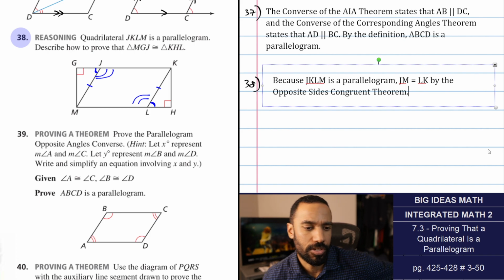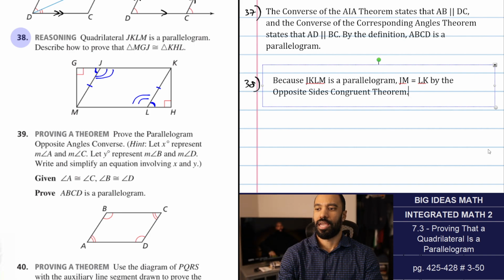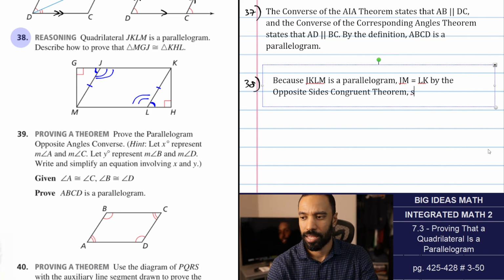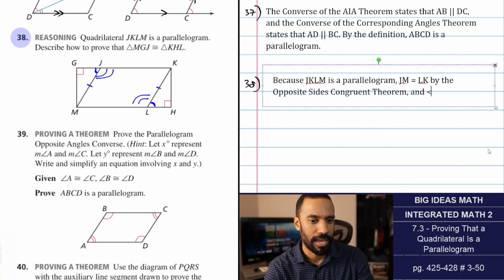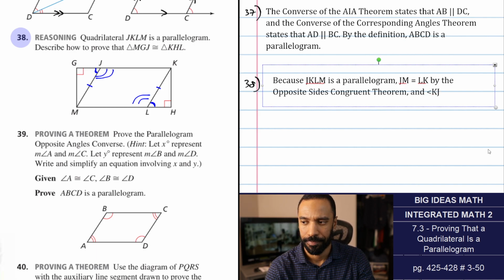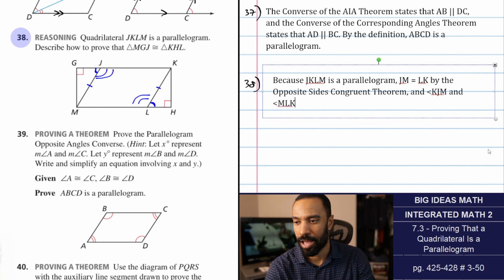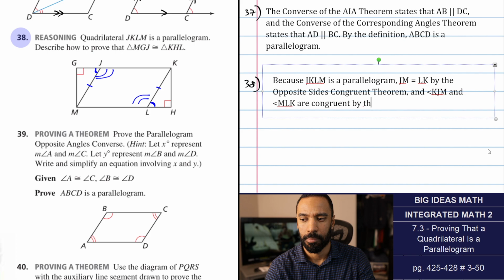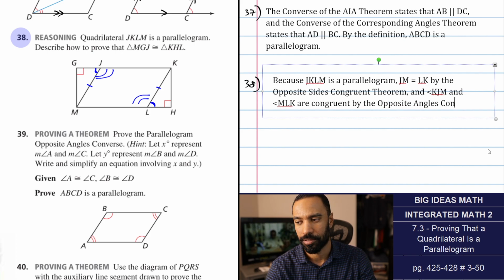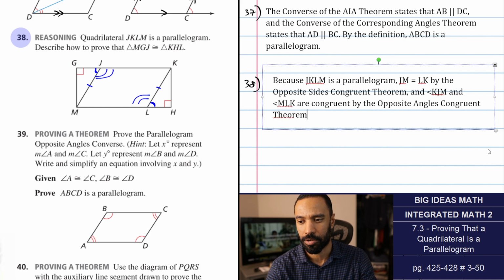Okay, so there's the start. And I can't just call them angle J and angle L. Angle KJM and angle MLK are congruent by the opposite angles congruent theorem. These aren't converses. These are just the theorems themselves.